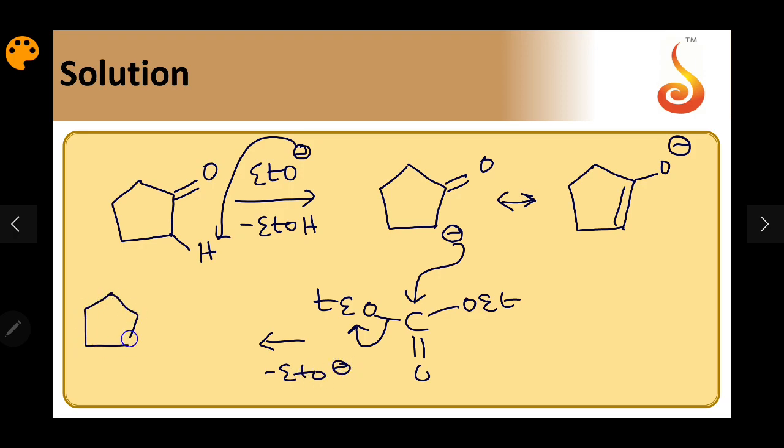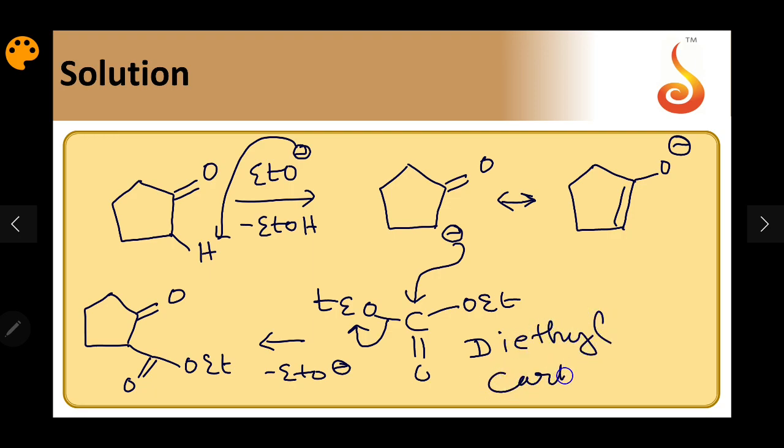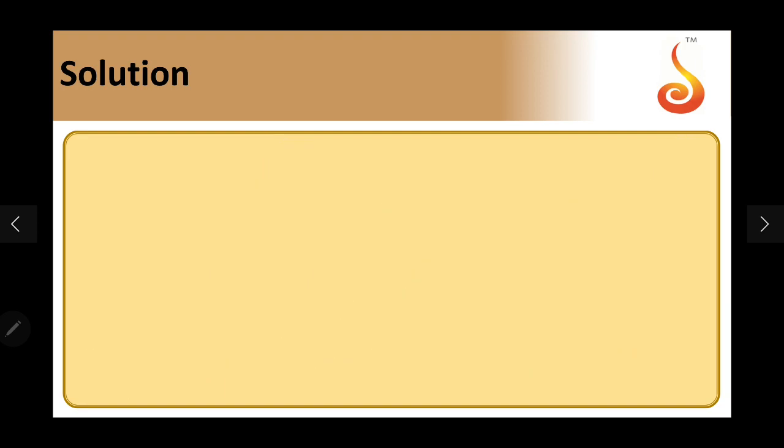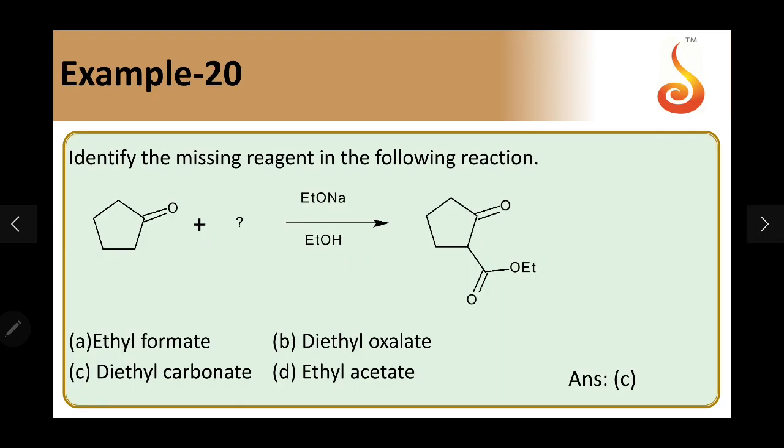Cyclopentanone, this will become now C double bond O, OEt. So the compound I should take should be diethyl carbonate. So I'll go to the options. The option should be C.